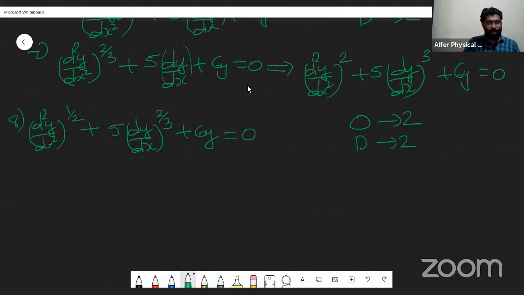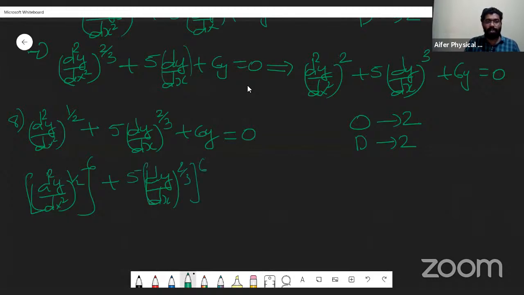So that becomes (d square y by dx square) power 1 by 2 multiplied with the 6, plus 5 dy by dx all power 2 by 3, the power multiplied with the 6, plus 6y equal to 0. That's it.